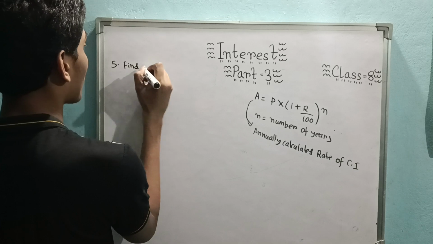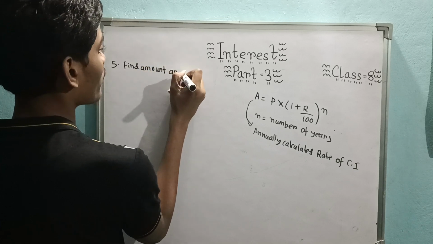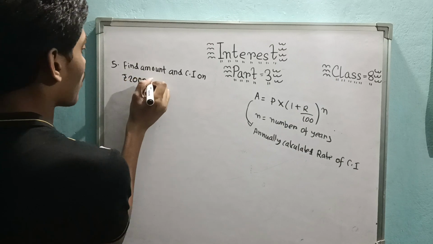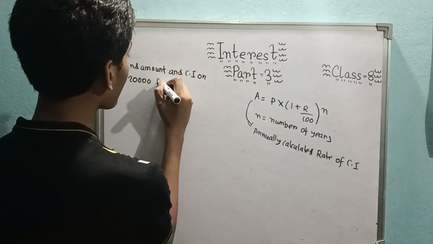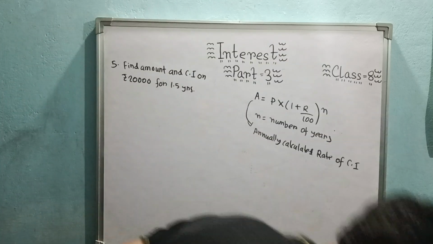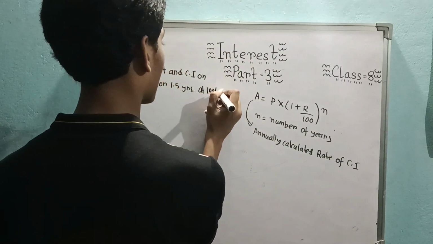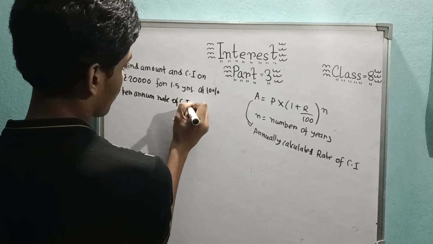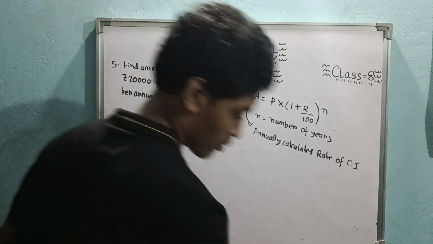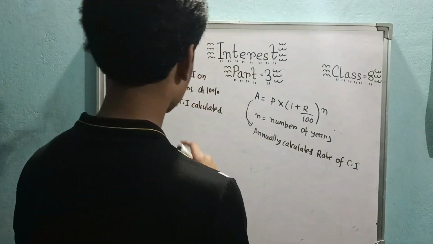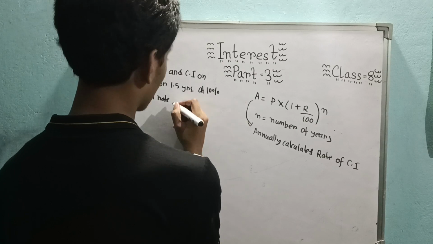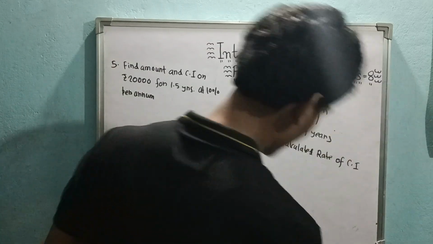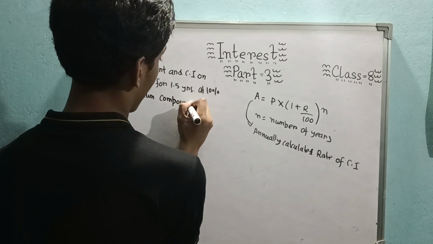Find the amount and compound interest on rupees 20,000 for 1.5 years at 10% per annum, the rate of compound interest calculated half yearly, compounded half yearly.